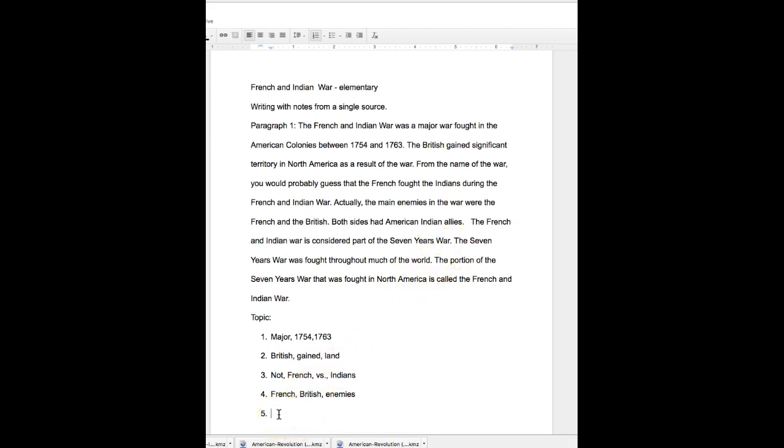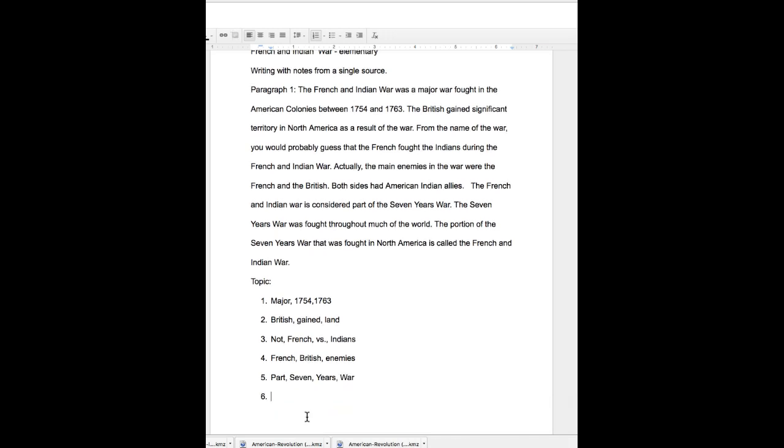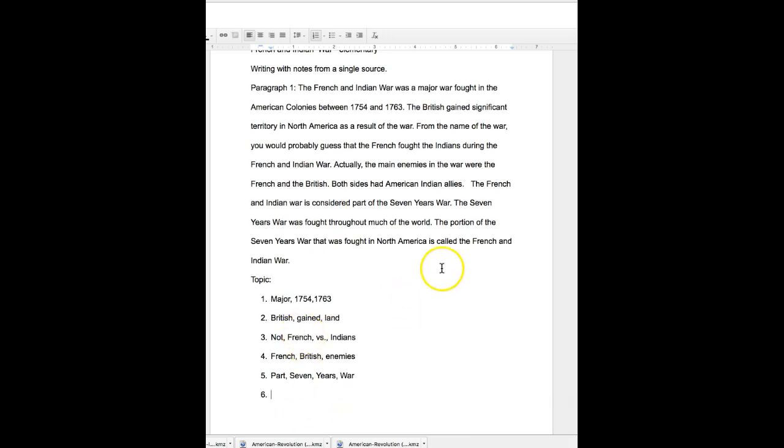And then part, 7 years. When I look at the next one, I'll say the French and Indian War is part of the 7 Years' War. So I'll say part, and then 7 Years' War. But what the heck is that 7 Years' War?